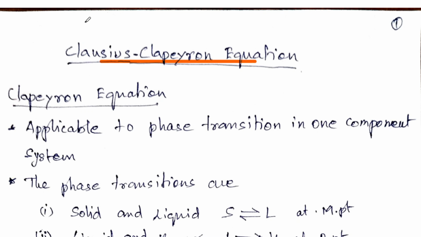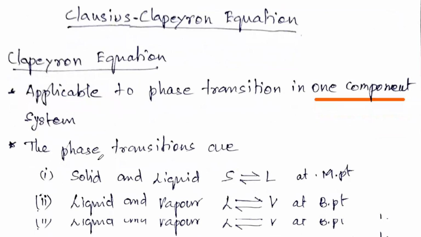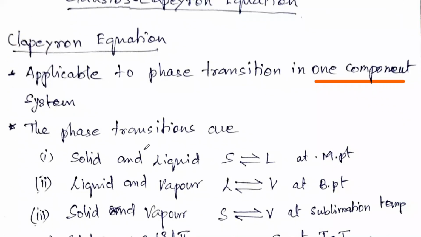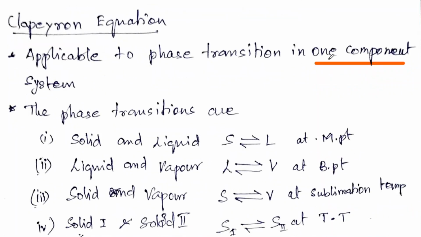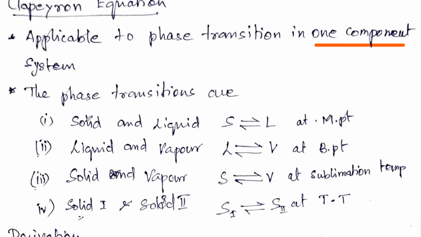This equation is applicable to phase transition in a one component system. That is a pure component system in which the system changes from one phase to another phase. It is considered one component and a two phase system.